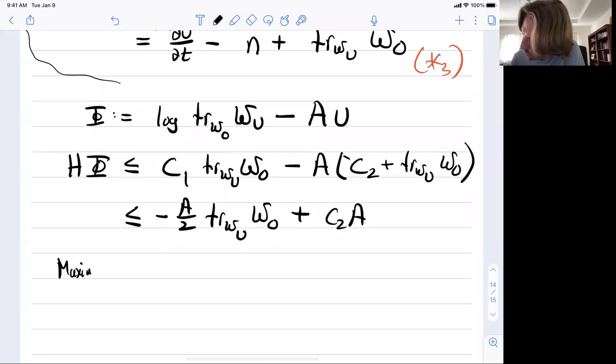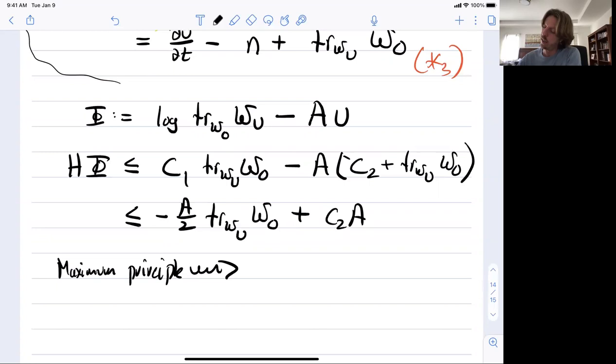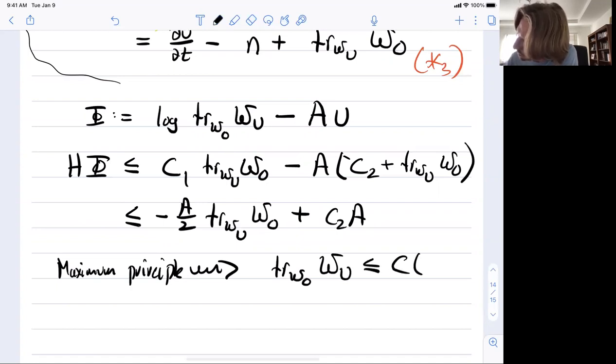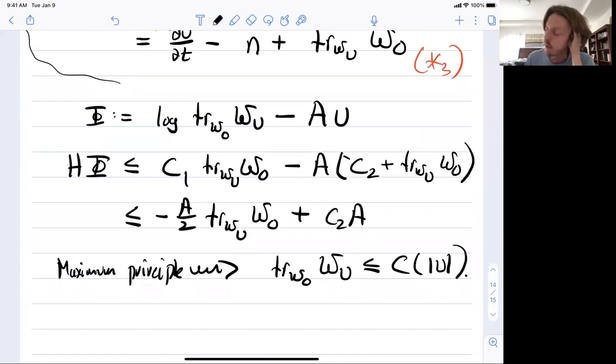It's a little bit more involved, but it's still just a maximum principle applied to this inequality, which tells you that the trace with respect to omega naught of omega u is bounded above by a constant which depends on u. It can be made much more precise than I'm making it, but maybe this is good enough for now. And basically the way you argue is at a large enough maximum for phi.